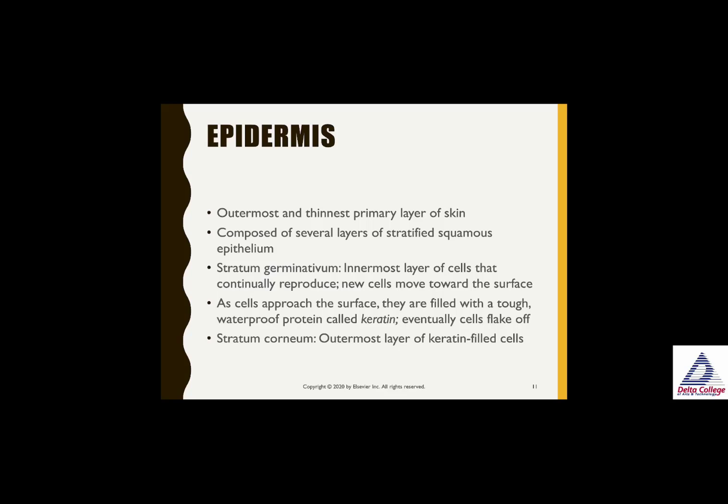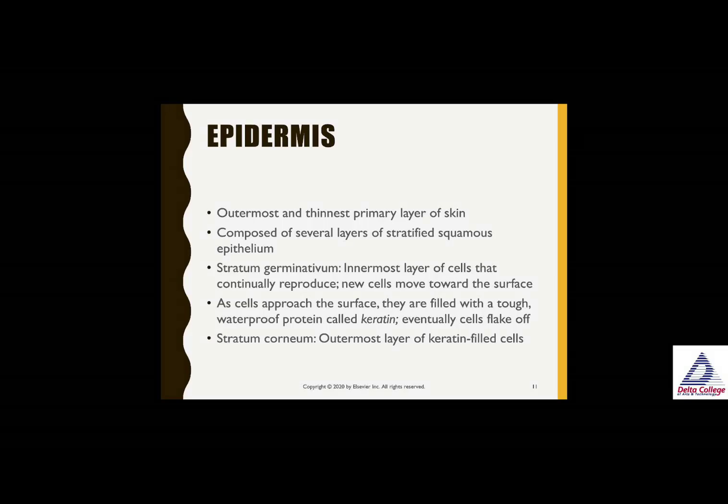So the epidermis is the outermost and the thinnest primary layer of skin. It is composed of several layers of stratified squamous epithelium. Now the stratum germinativum is the innermost layer of the cells that continually reproduce.